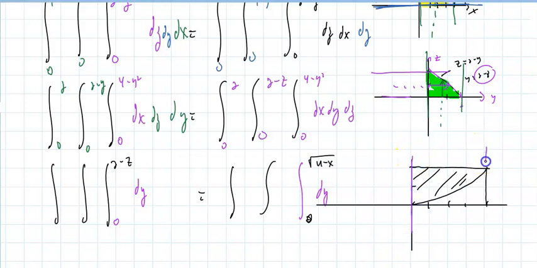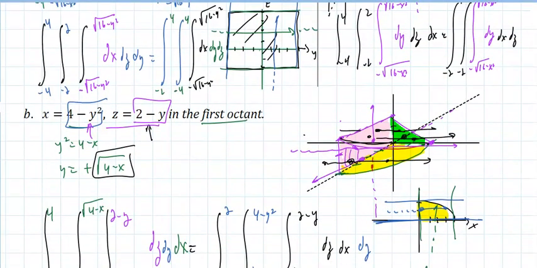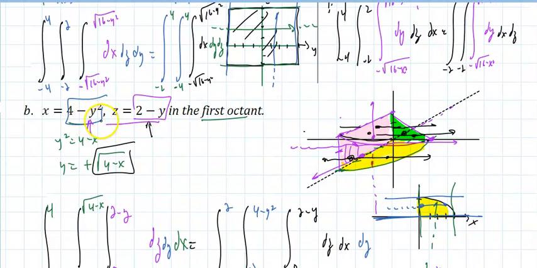If I run x from 0 to 4, then y is going to run from, z is going to run from 0 to z equal, how am I going to get this equation in?